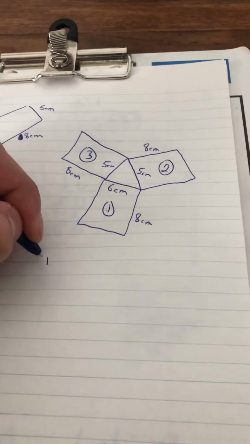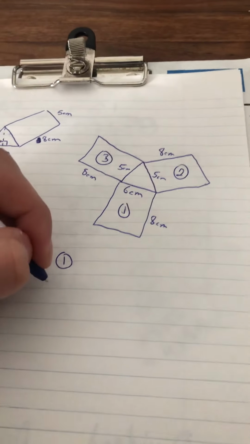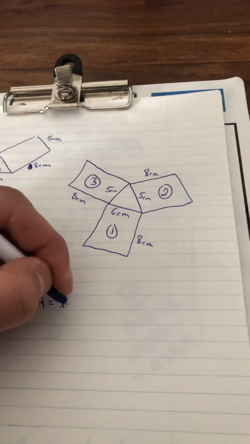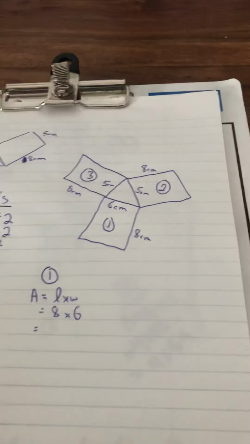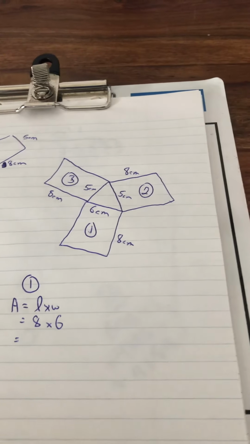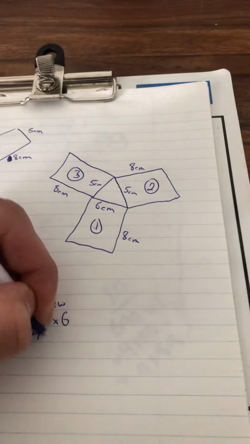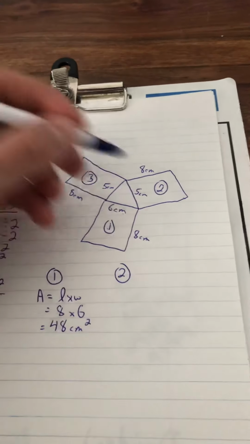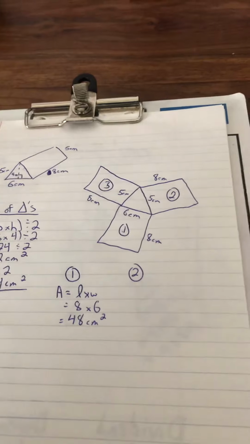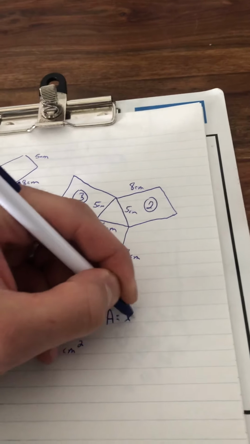So number 1, we know the area of a rectangle: area equals length times width. Our length is 8. Our width is 6. So that's where those numbers come from. 8 times 6 equals 48 centimeters squared. Rectangle 2. Area equals length times width.